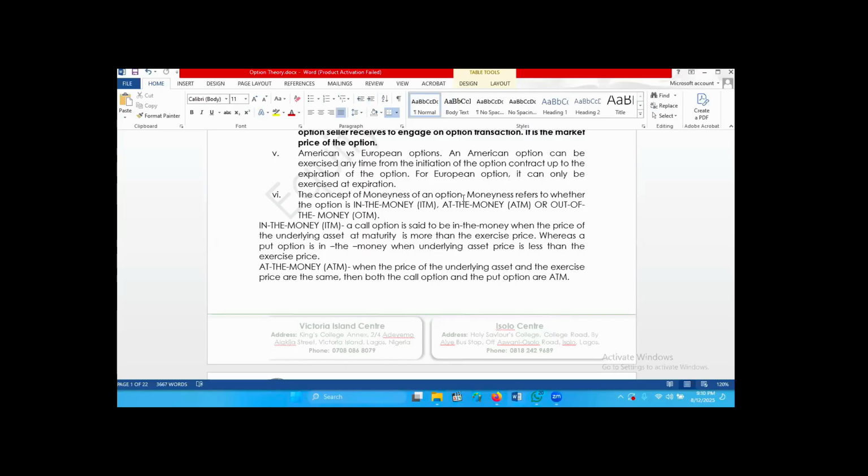Hence, the option holder can exercise his right to buy or his right to sell. That is in the money.